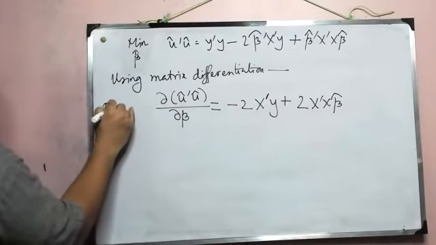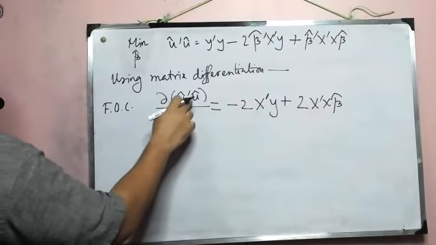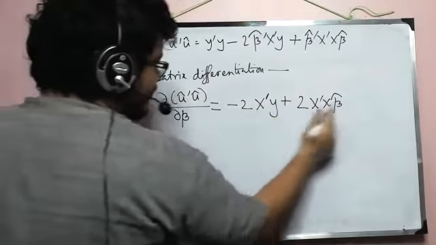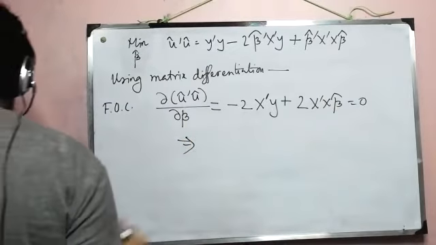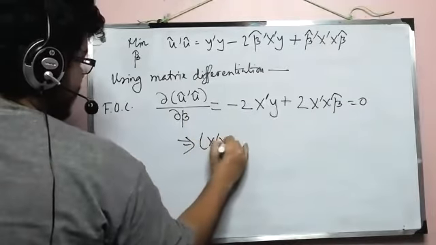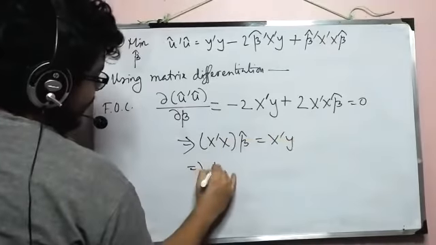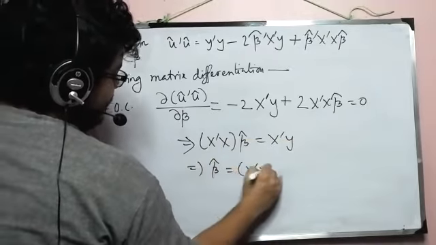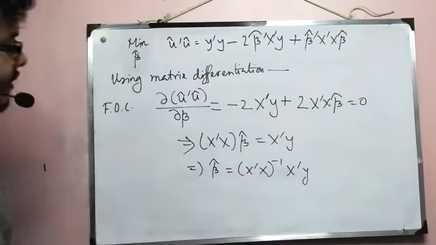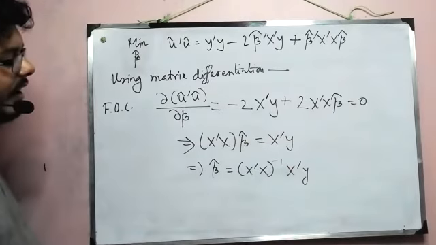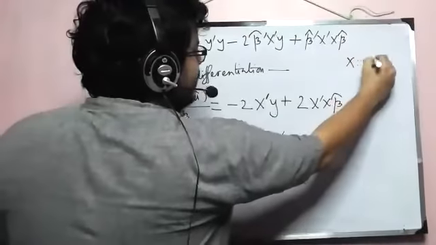So our FOC will be that this derivative of u hat transpose u hat with respect to beta equals 0, and from that we can find that x transpose x beta hat will be equal to x transpose y. So our beta hat will be x transpose x inverse x transpose y. Now observe this. Our x was n cross k.